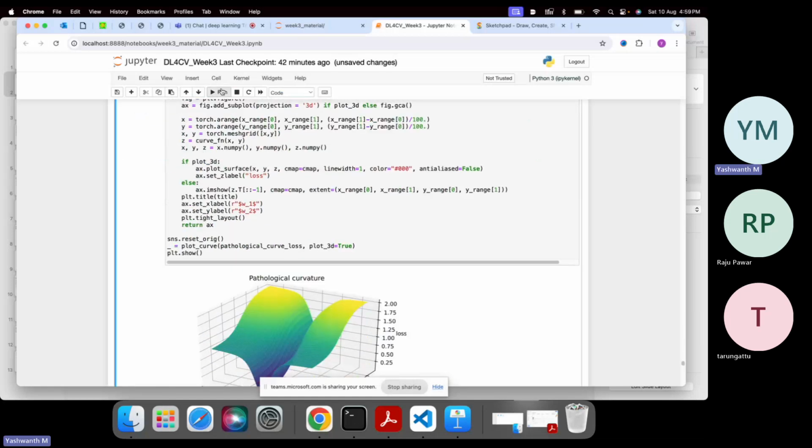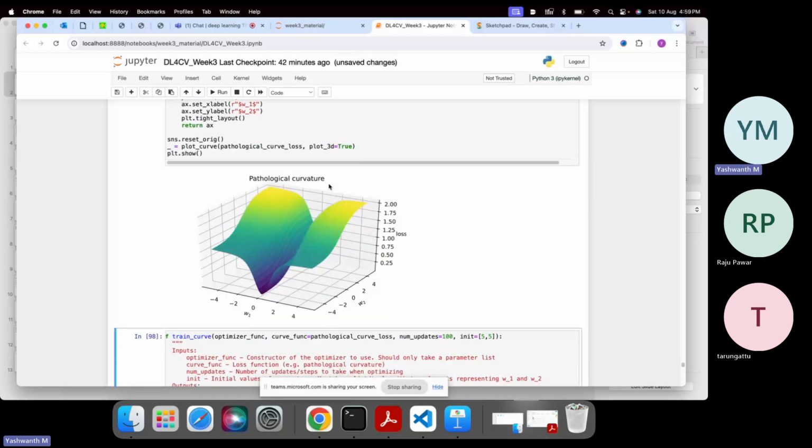Yeah, so these are typically some of the loss surfaces that we may encounter in optimizing, loss landscapes. If you see, the direction of minima is somewhere like this, right? And here, if you move in this direction, you get gradients pretty steep.